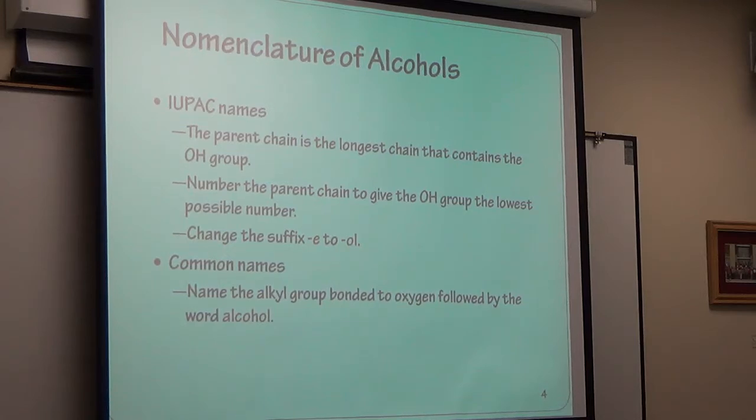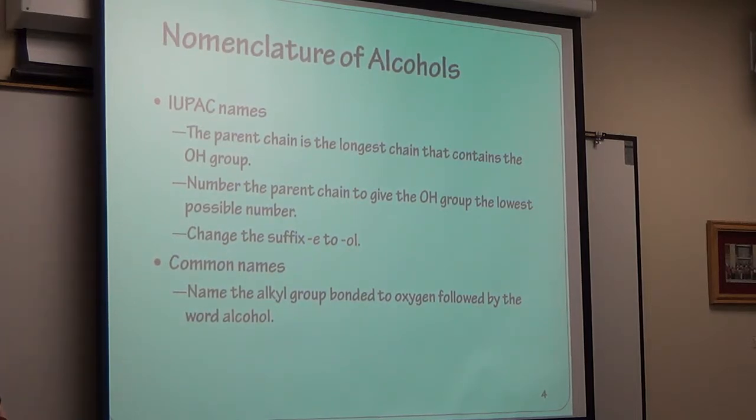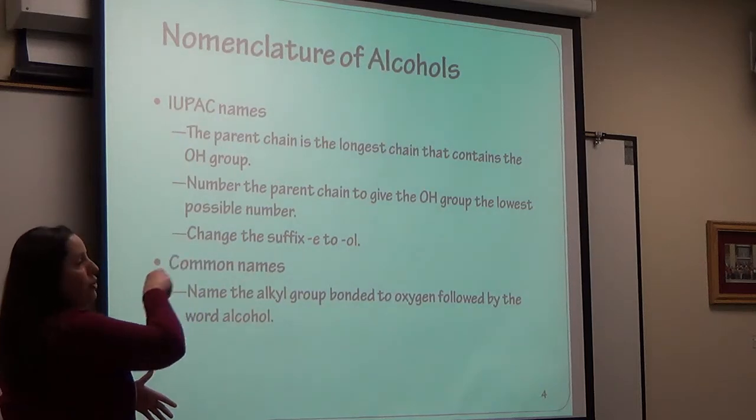So after looking at the structure, we do the naming. And again, we already went over all of this at the beginning of last semester, but I know that seems like a lifetime ago. So we'll refresh every time that we cover a new functional group. Remember that the first thing you do when you use the IUPAC rules is look for the longest continuous chain. In the case of the alcohol, it has to contain the carbon with the OH group.